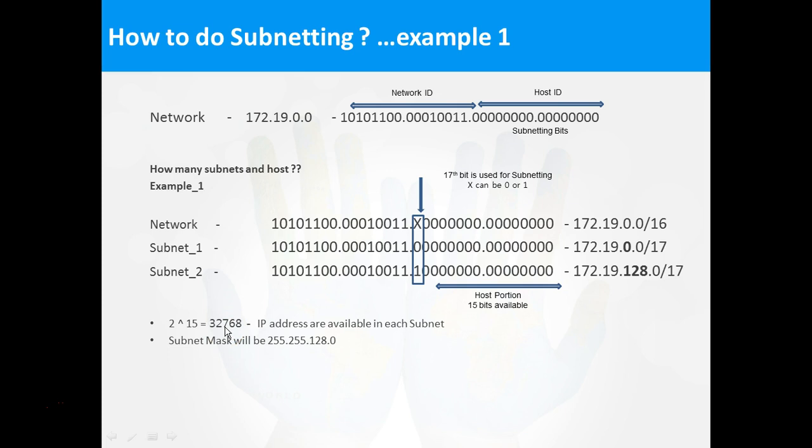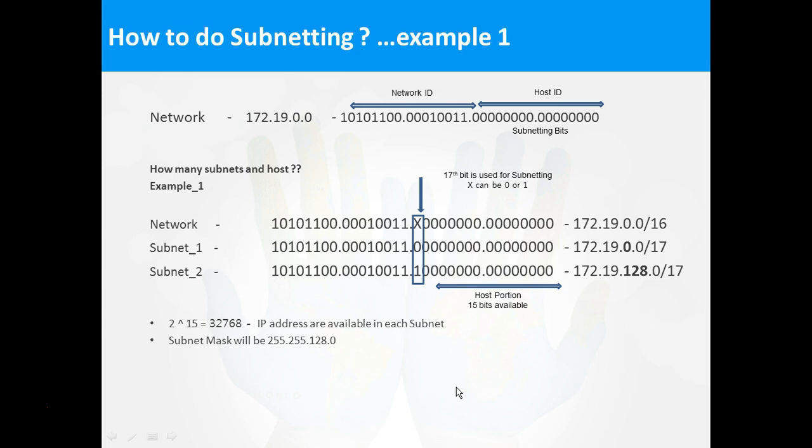Exactly, 32,768 IP addresses are available in each of these subnets. In this case, we considered only one bit, the 17th bit, for subnetting, which resulted in two subnets with 32,768 IP addresses in each subnet.